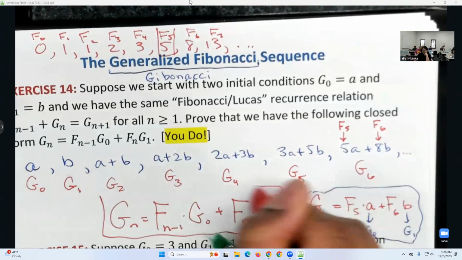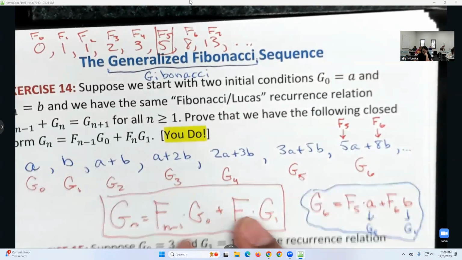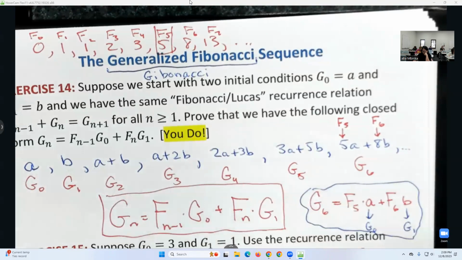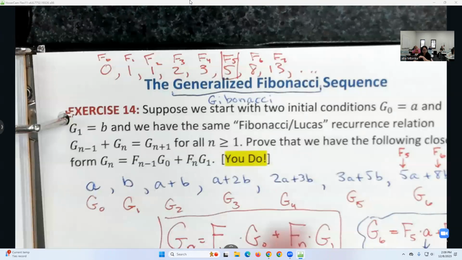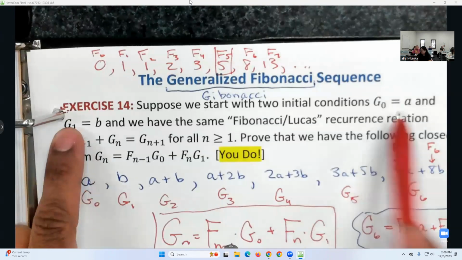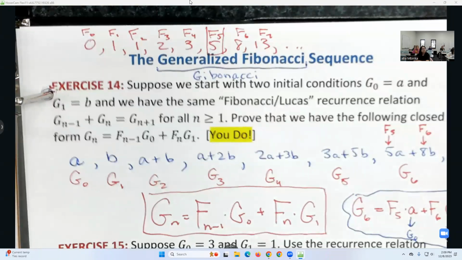So this is the magic closed form for the n plus first Fibonacci number. Given that you know the Fibonacci sequence, you can find the closed form of any sequence that starts with any two terms. So this is another reason Fibonacci is cool. No matter what two numbers we start with, the Fibonacci sequence is involved, in the sense that we see F(n minus 1) and Fn.